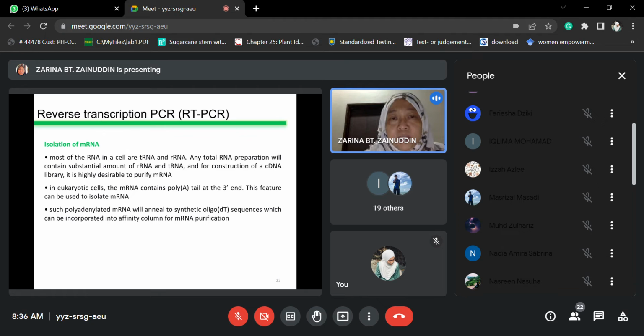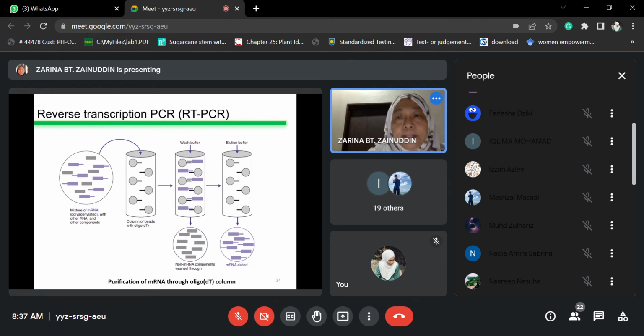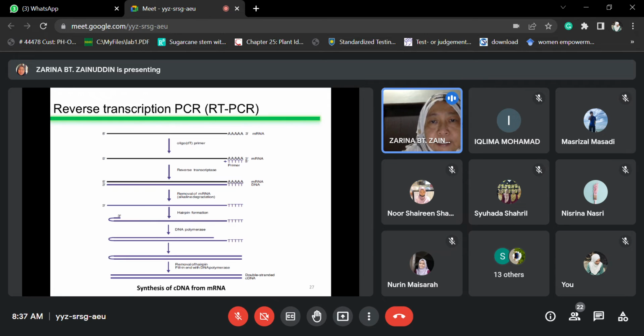One feature is that in eukaryotic cells, the mRNA contains a poly A tail. Based on this feature, we can isolate mRNA from total RNA using oligo-dT beads. If you successfully isolate mRNA, the next step is to synthesize the cDNA. These are the steps we already discussed yesterday.